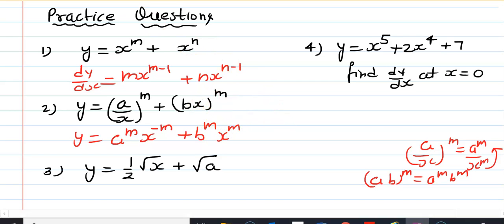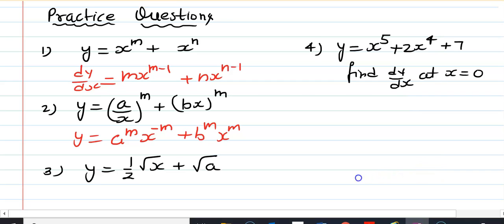So once we simplify, let me rub this and create some space. So once we rub this, this differentiation will be dy over dx. It will be a to the power m outside, minus m is coming forward, minus m x to the power minus m minus 1.